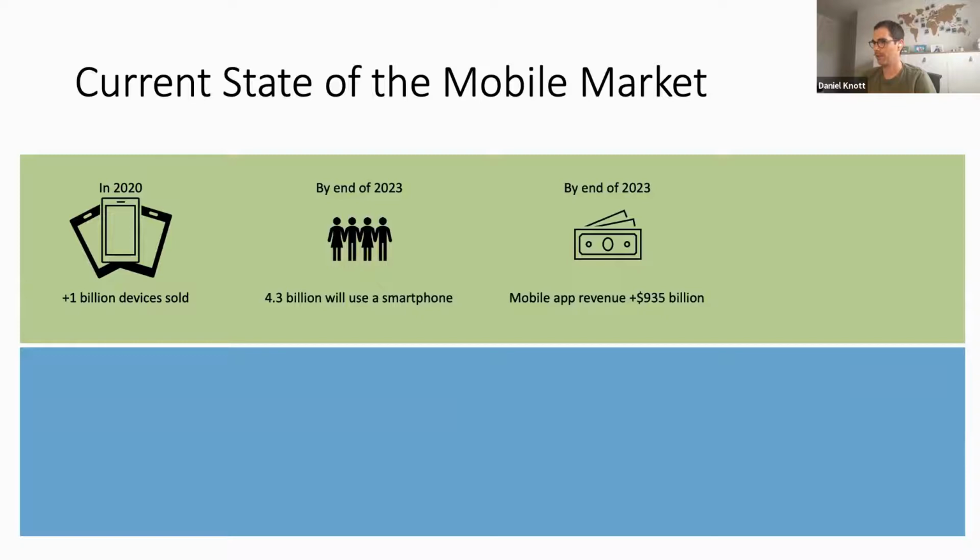Also, by the end of 2023, mobile app revenue will be more than $935 billion, which is a huge number. So there's lots of potential for your app businesses to make money out of the mobile apps that you have developed. Apple and Google stores offer more than 4 million apps that users can download.